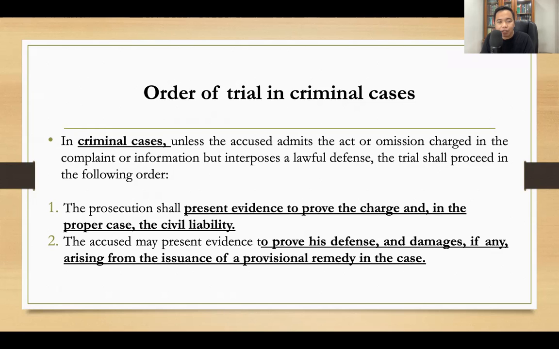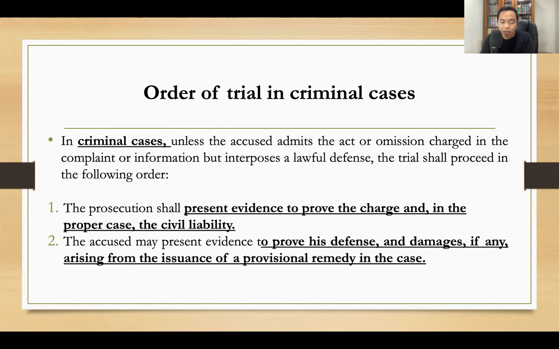Now, this is only the general rule. We have discussed during the last meeting a modified or reverse trial, in case the accused will admit the allegations in the information but interposes a defense.